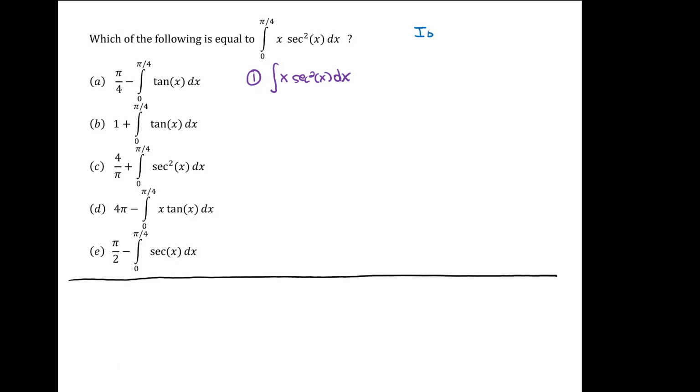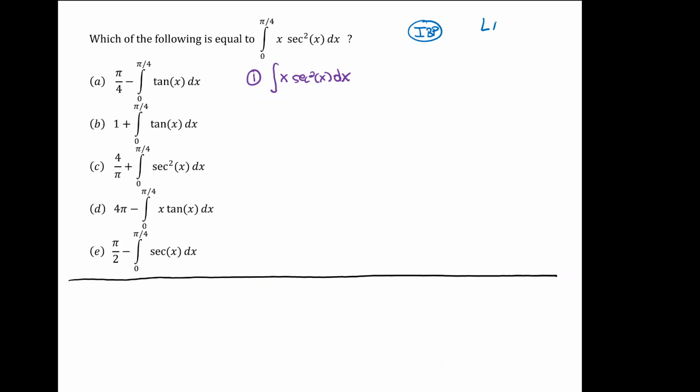It's harder when you don't know what section the question is in. You might try substitution, like try u equal to secant squared and then do the whole du by dx and try to do a complete substitution. Not a good idea. But we'll let you try it if you want.